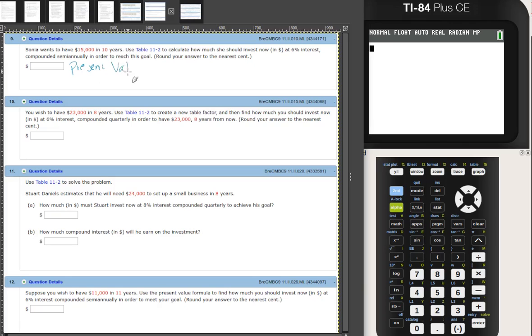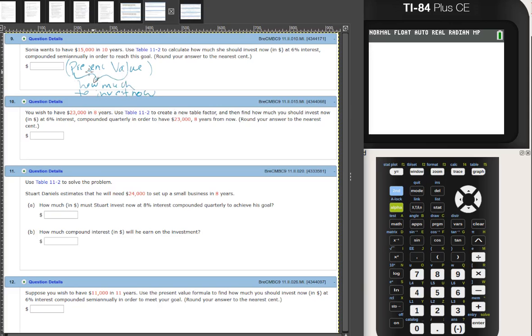Because the idea is that if you take a present value, which is what you want it to be, this is how much you need to invest right now. How much to invest now. So this is basically what principal you need to have, how much you want to invest now.